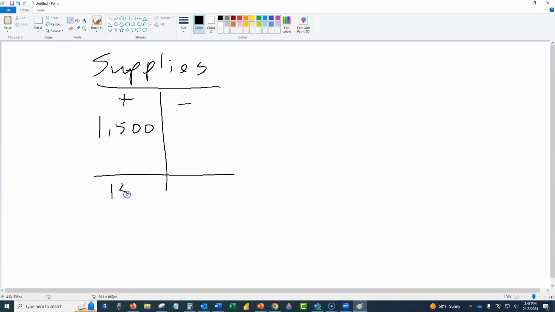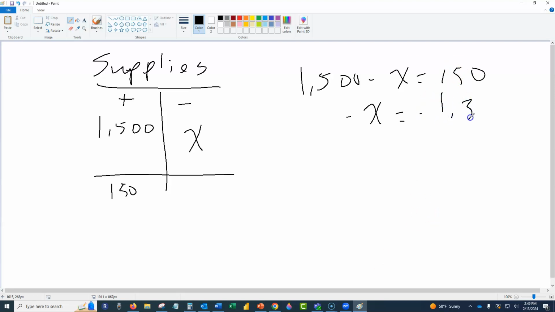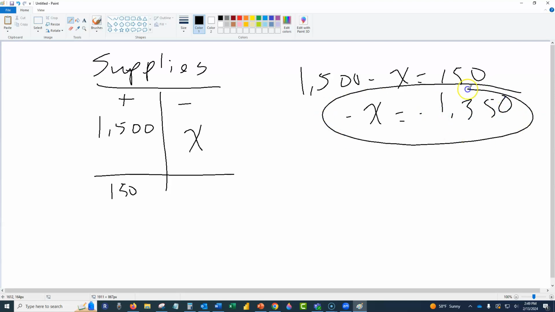We end with $150, so we have X. So 1,500 minus X equals 150. So you're simply going to take 1,500 minus 150, which is 1,350. So negative $1,350. This is your supplies expense, which is your adjustment.